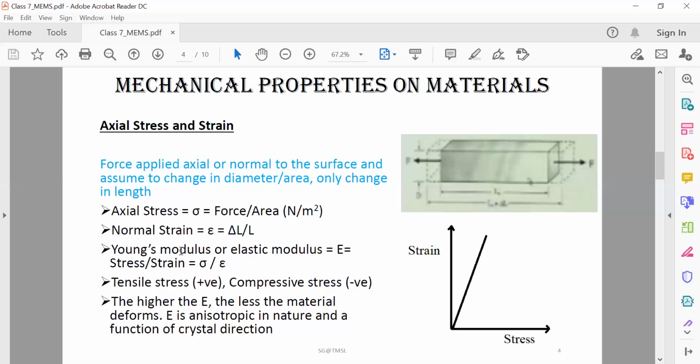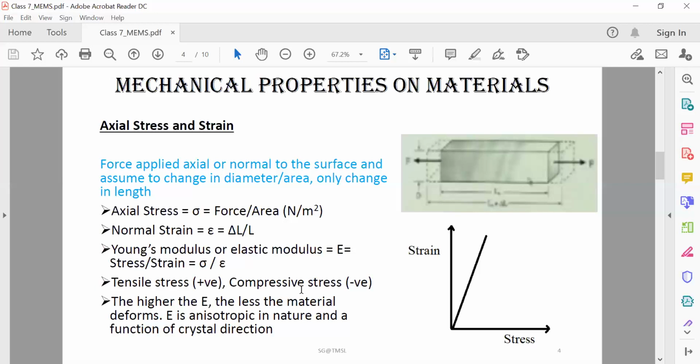Okay, so now Young modulus or elastic modulus, whatever, both are the same, is basically stress by strain. There are two types of stress, tensile stress and compressive stress. Tensile stress is positive in nature, the other is compressive stress, which is negative in nature.